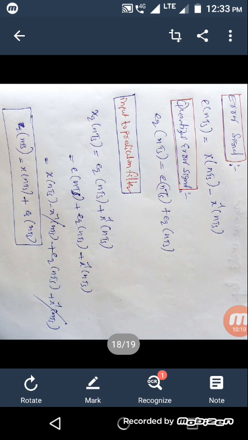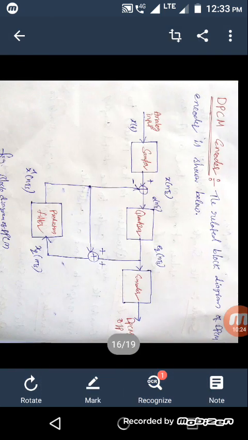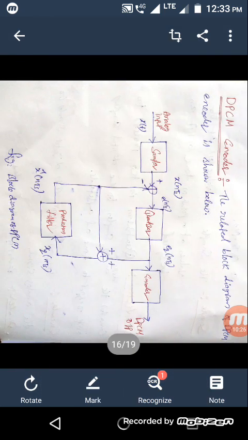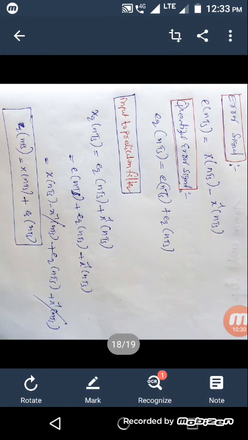Next, input to prediction filter. What are the signals entering the prediction filter? In the prediction filter, we are seeing xq of nTs equals eq of nTs plus x cap of nTs. Here we already know the quantized error signal eq of nTs equals e of nTs plus eq of nTs.